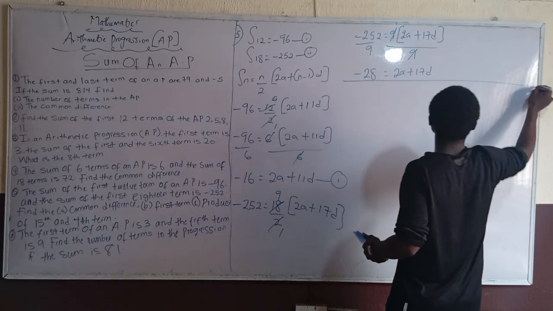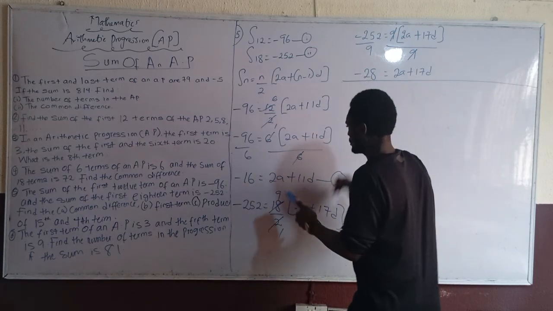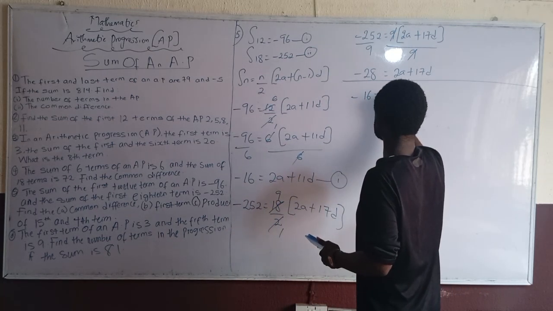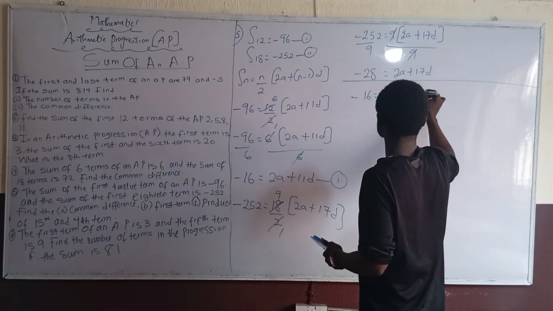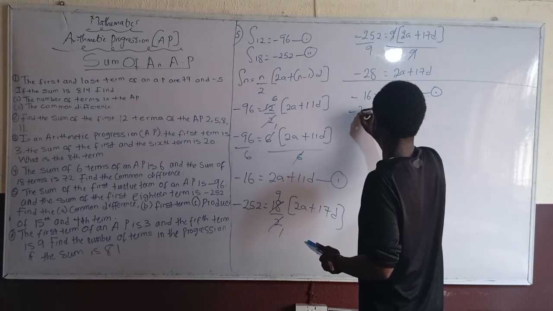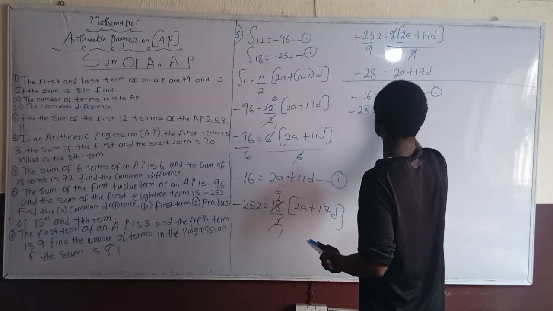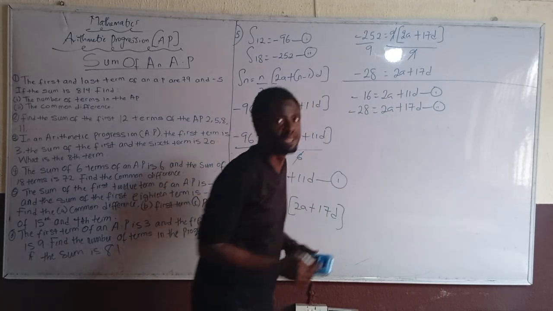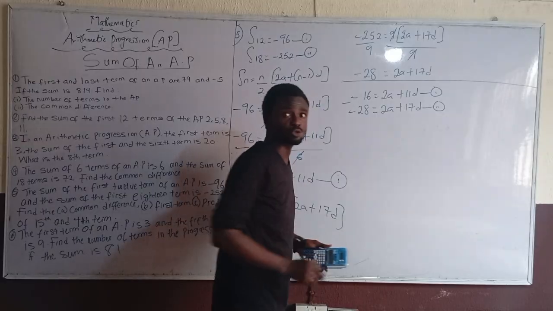So let me bring my equations together. The first one is minus 16 equals 2a plus 11d. Then I have minus 28 equals 2a plus 17d. I can eliminate using minus.